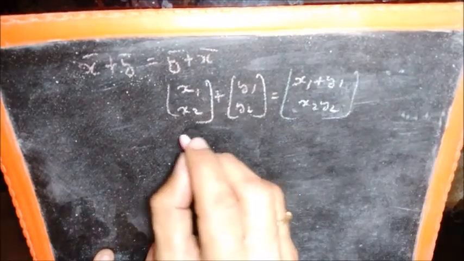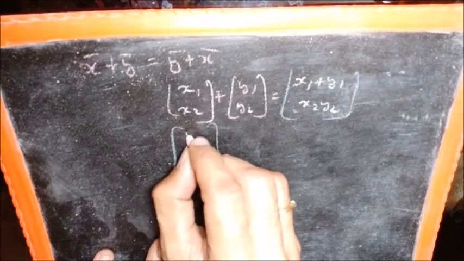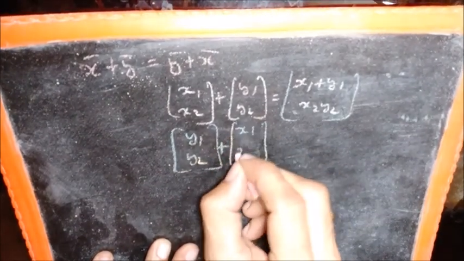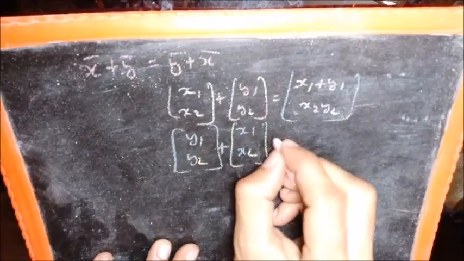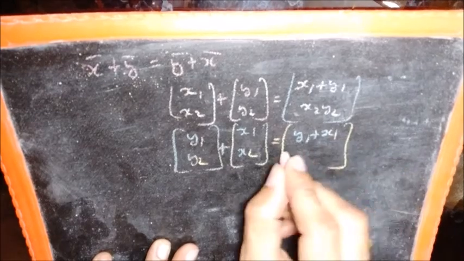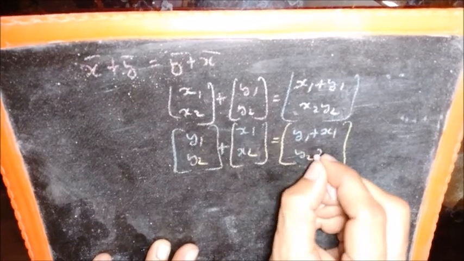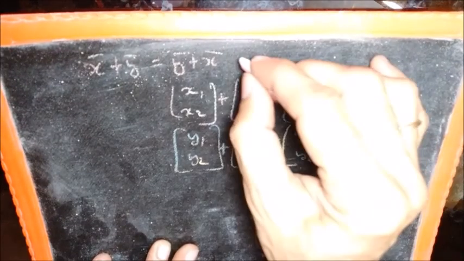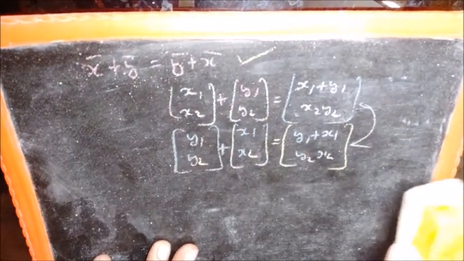This is the definition. And y plus x, that is the right hand side, will be equal to, the way we have defined the addition, y1 plus x1 and y2 into x2. These two will be the same. So they are equal to each other, which means that this property is satisfied.